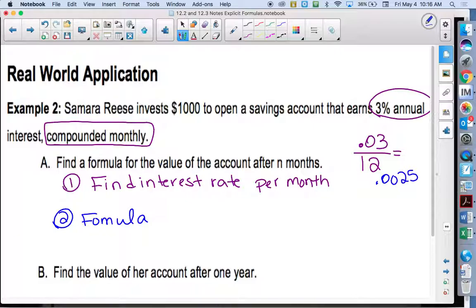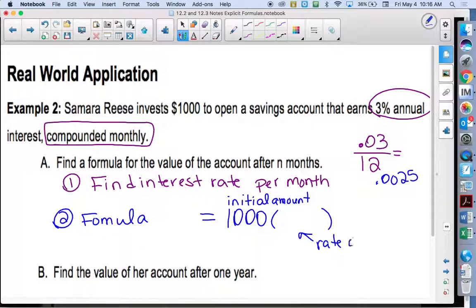What do you start with when you're writing a formula? Like the initial amount. Yeah, so you need to start with the initial amount. Well, we invested $1,000. So that's the initial amount. And then what do you have, Sarah? Then like the rate.